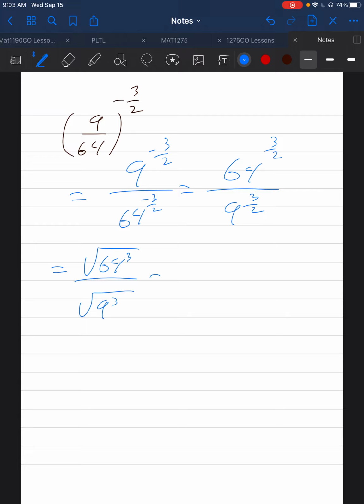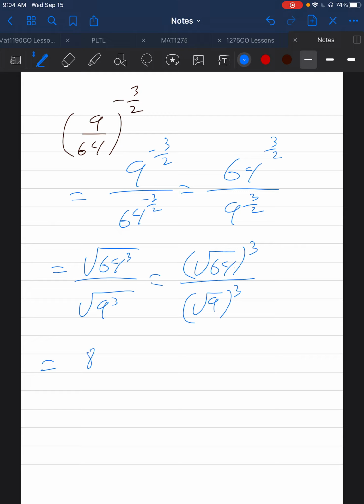Now, once again, it might be easier to take the square root of 64 first and then raise that to the third power. And the same thing with 9. Let's take the square root of 9 and then raise that value to the third power, right? Instead of evaluating this first, let's evaluate this first.